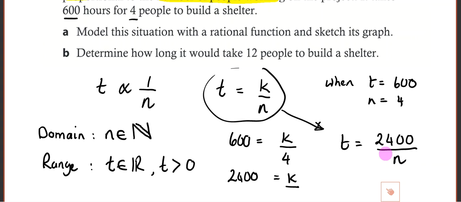Technically, I'm not allowed to draw a line in this case. I'm only allowed points when there's a natural number. If N is not a natural number, I'm not allowed to put a point. Therefore, I shouldn't be drawing a line for this graph. I should just have points at the relevant stages. And that's why we say it's not a line. Awesome. Have a good day.